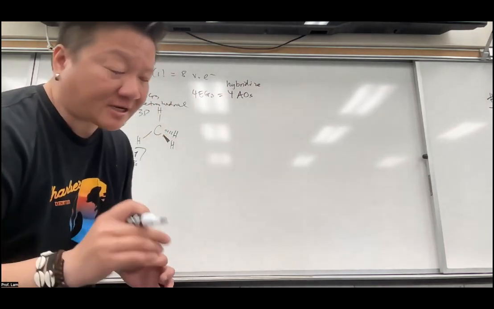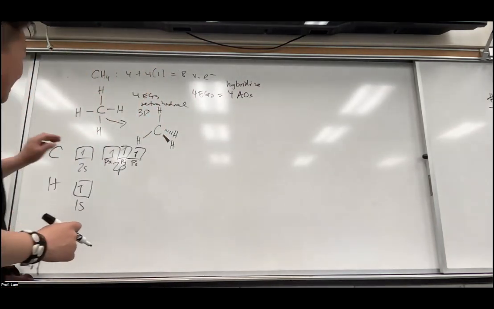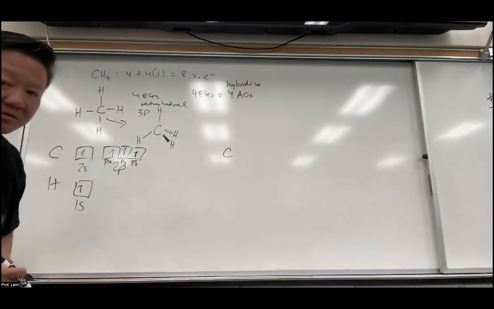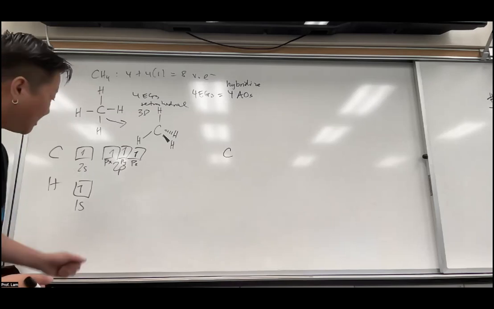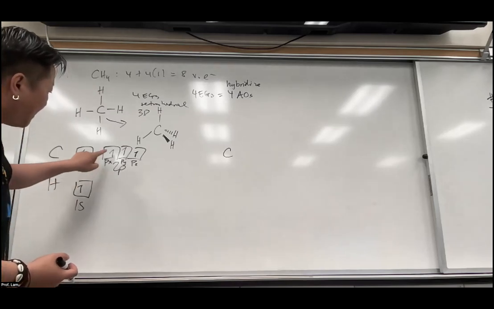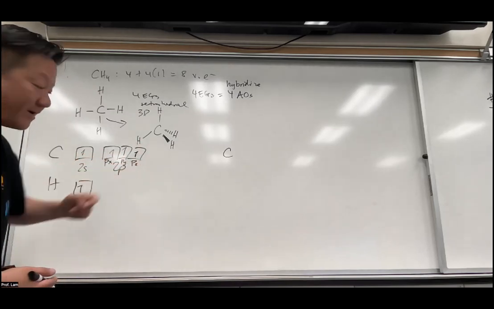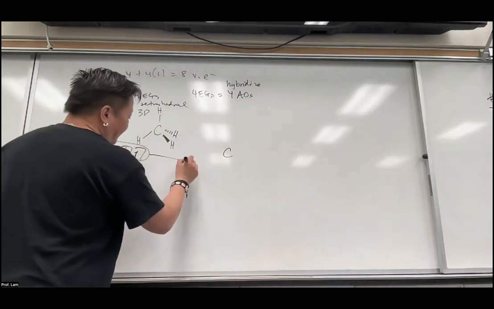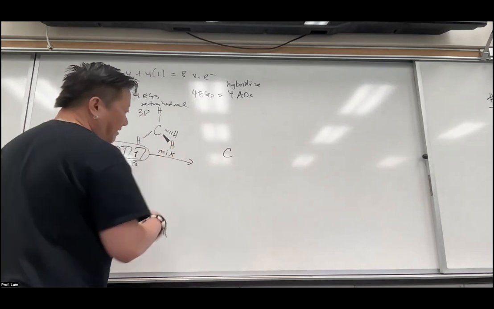AO stands for atomic orbitals. So I'm carbon. What are my 4 atomic orbitals that are available to hybridize? Well, the s and all 3 of the p. That's 4, right? So I circled it. I need to hybridize all of these. Put it in the blender, basically.